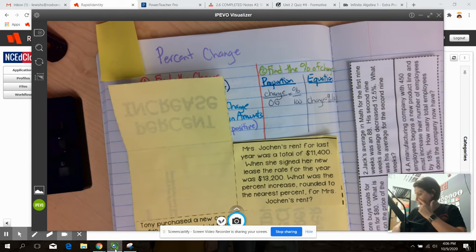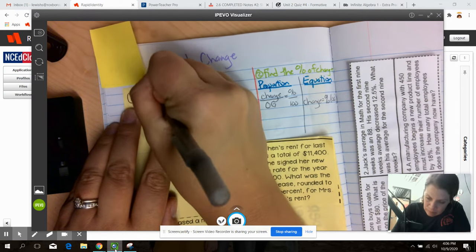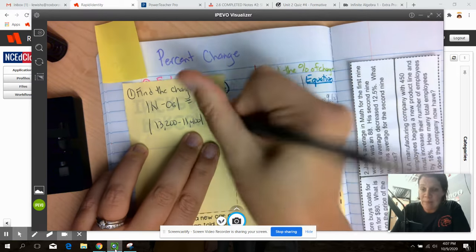The first step that we have to do is find the change. To do that, remember we're going to do the new minus the original equals the change. Let's plug in what we know. We know the new is $13,200, and we're going to subtract the $11,400, and we're taking the absolute value of that.